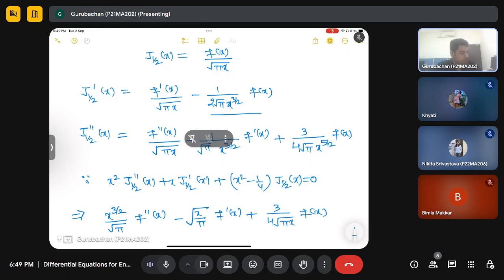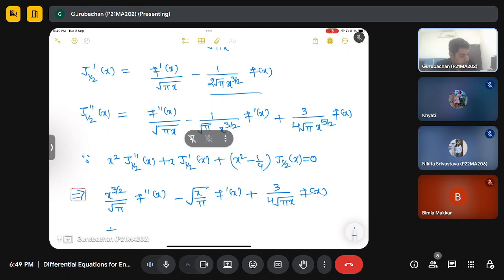So this is your first term. Now the second term corresponds to when you multiply with x. So this will give you root x divided by root pi f dash x. Next, if you multiply x with this, we get 1 by 2 root pi x f(x). Next is x square minus 1 by 4 times J half x.